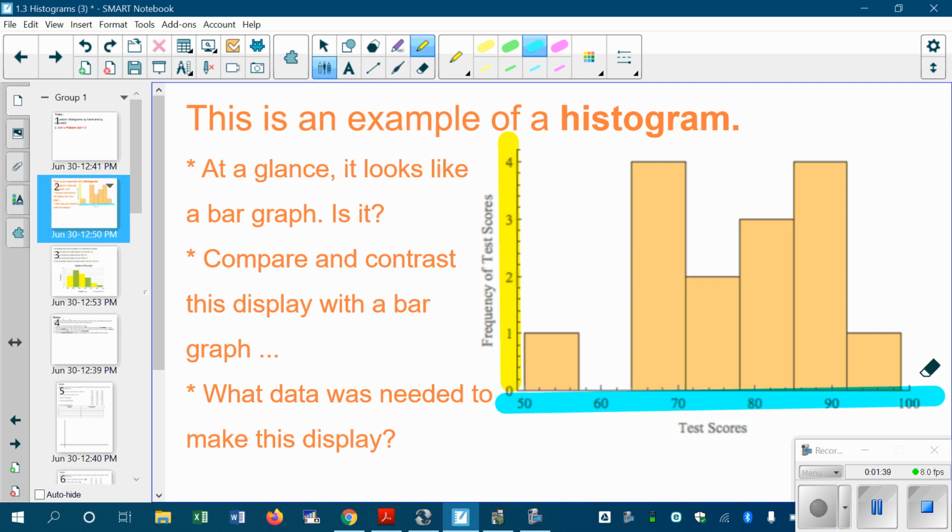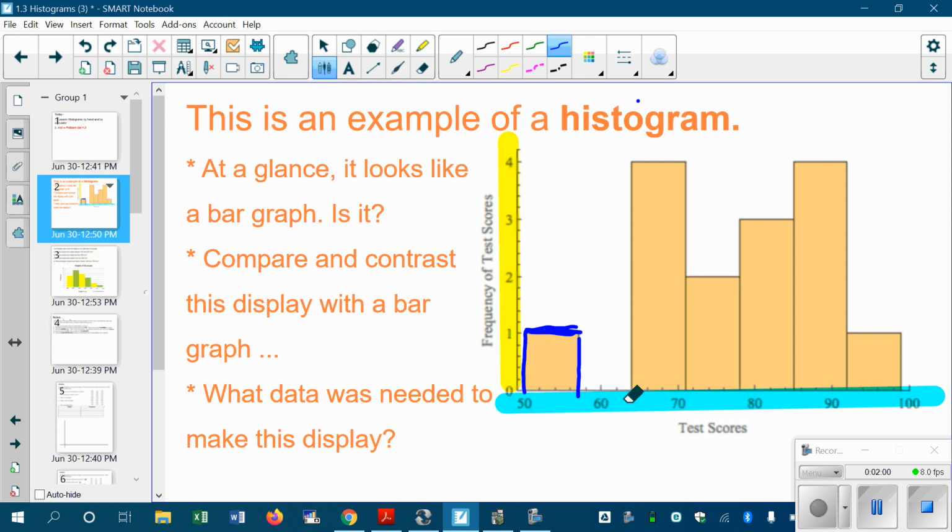And if you think about it a little bit harder, you might say, okay, what is this bar then? This bar is 1 unit tall, one entity, one person, one element of this data set was what? How would you finish that thought?